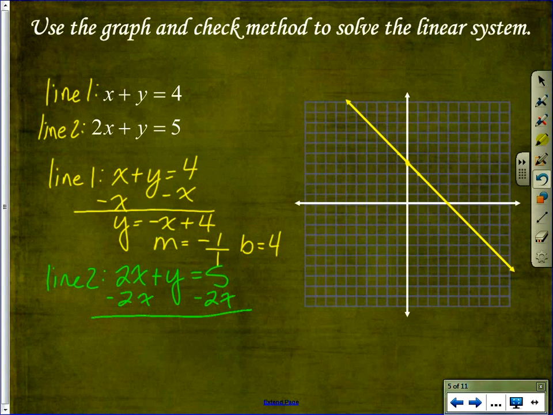And I get y equals negative 2x plus 5, and my slope is negative 2 over 1, or 2 over negative 1. And my y-intercept is what? 5.